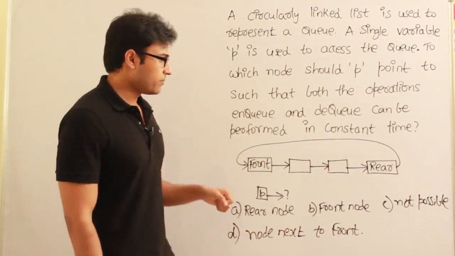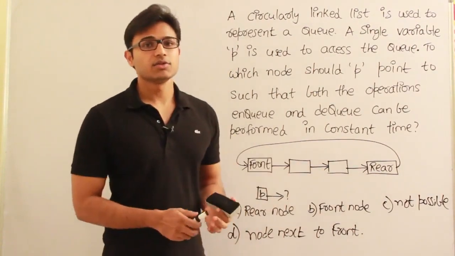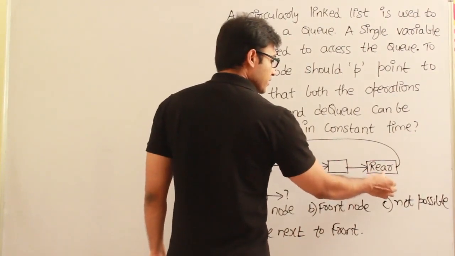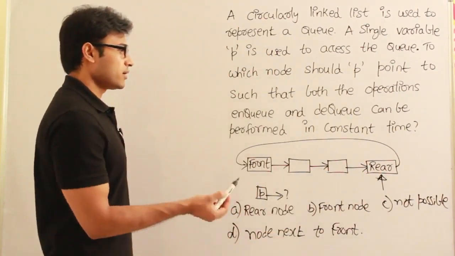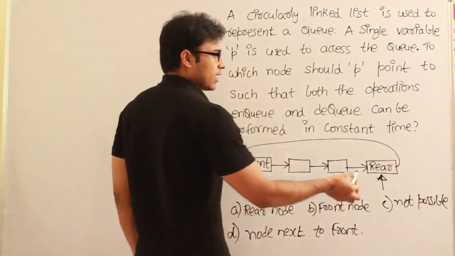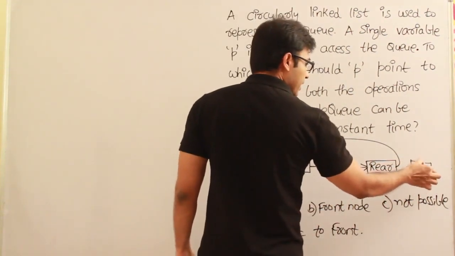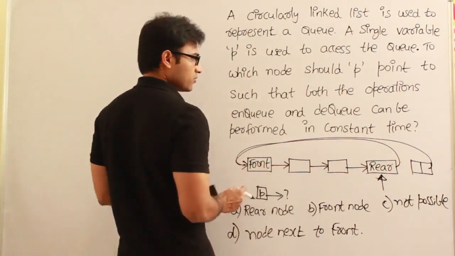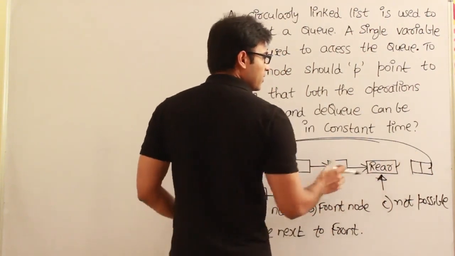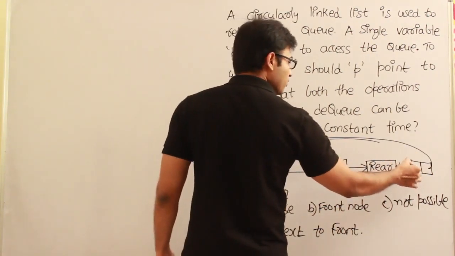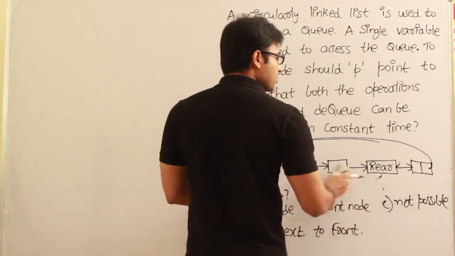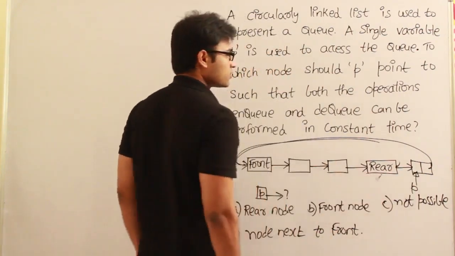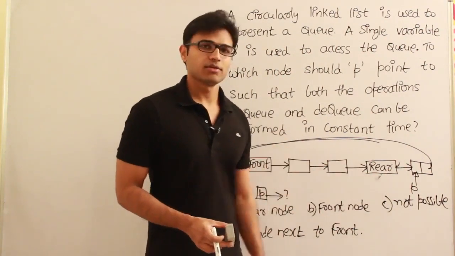So now if p points here, it is very easy to implement these operations in constant time. If I want to enter a new element, I'll create a new node, make that new node point to the front, and then make the last node point to this, and now I'll make p point to this, which means I'll make p always point to the recently added element. So adding is just a constant time nq.